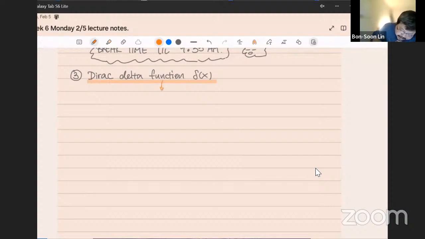So strictly speaking, this is technically not a function, but rather something called a distribution, as we will call it in quotes.